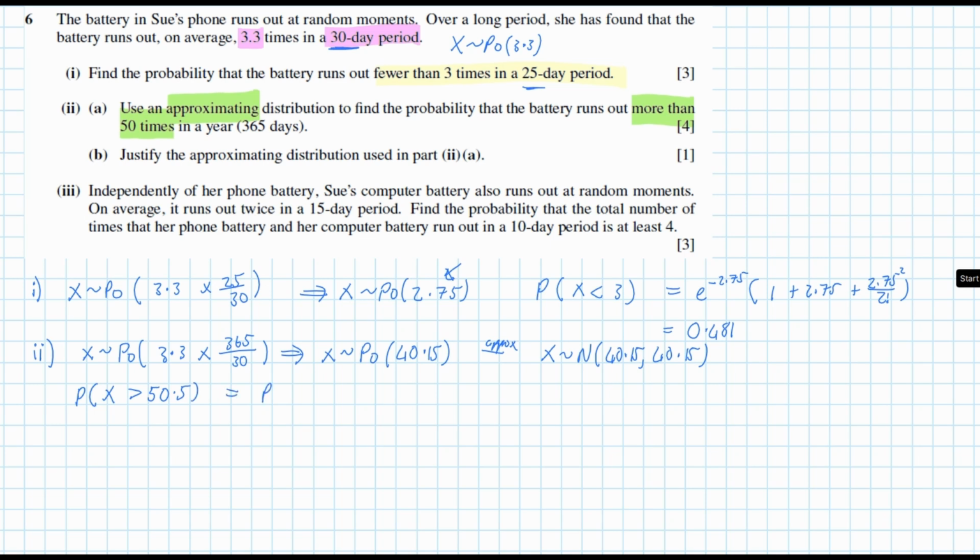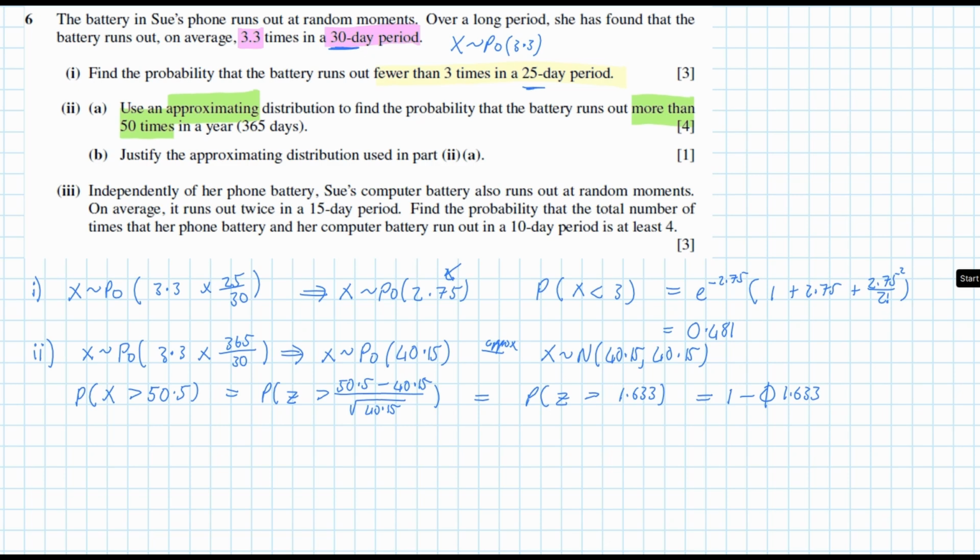And this should be equal to the probability that, in the standard normal distribution, Z is greater than 50.5 subtract 40.15 over the square root of 40.15. This is equal to the probability that Z is greater than, I got, 1.633. And that is equal to 1 minus phi of 1.633.